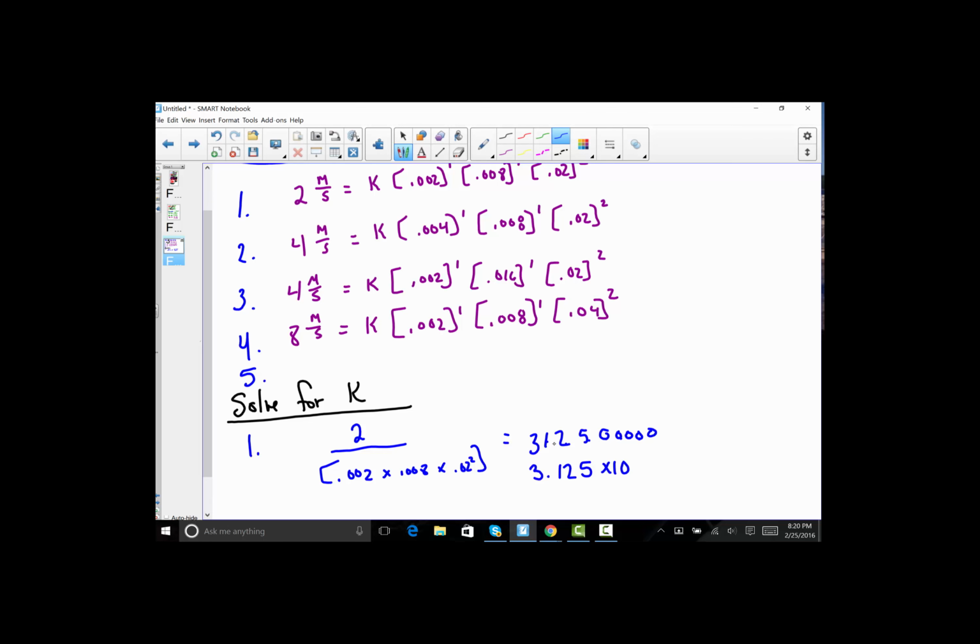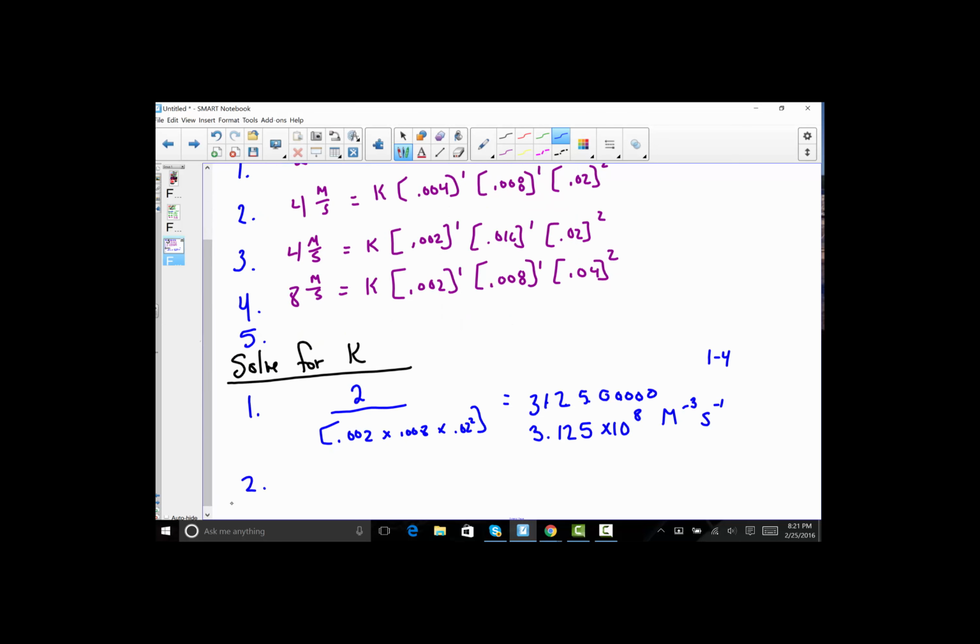Let me count those zeros again. If I hit that correctly, I'm getting an exponent of 8. And the unit here, it is a 4th order overall, which gives me molarity to the -3 per second.